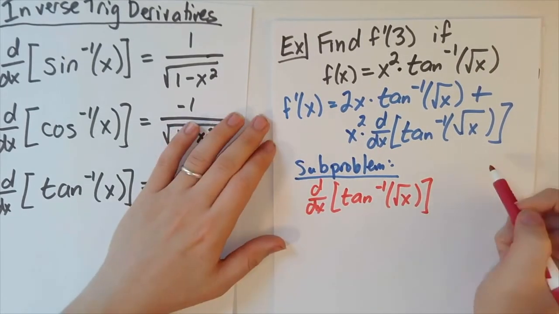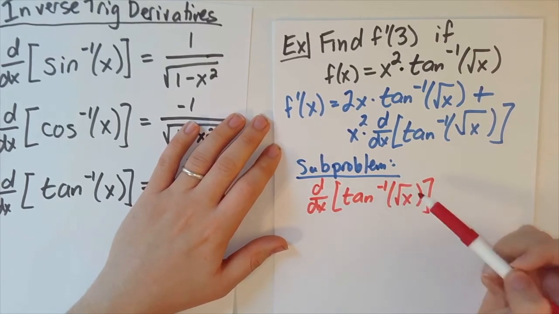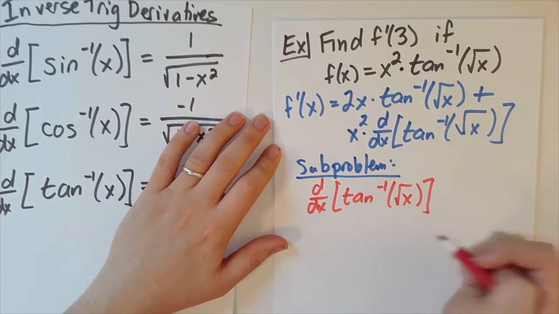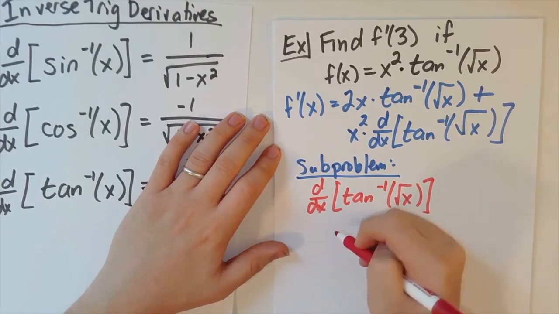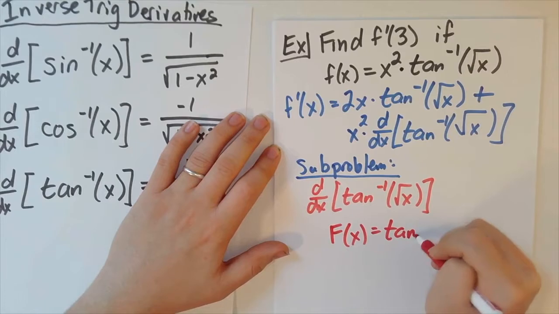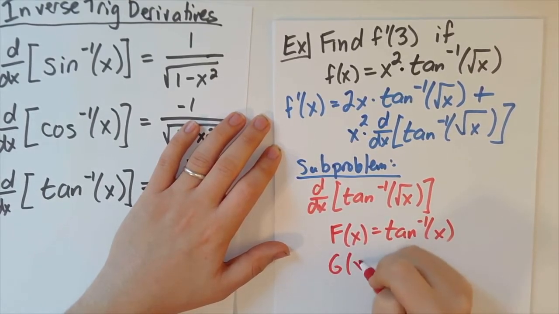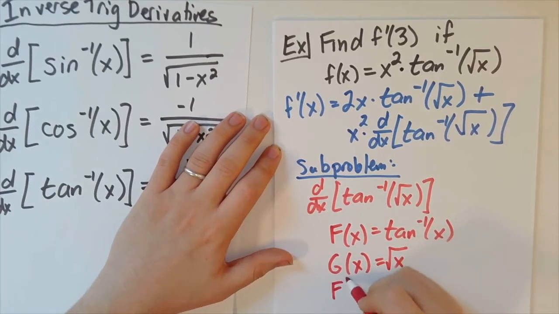Okay, here's how that's going to work. This is going to be a chain rule question again, because I've composed here the inverse tangent and the square root of x. So when I do that, I'm going to look and say, hey, what's the outside function? It's inverse tangent. What's the inside function? It's square root of x. And what are the derivatives of these things?